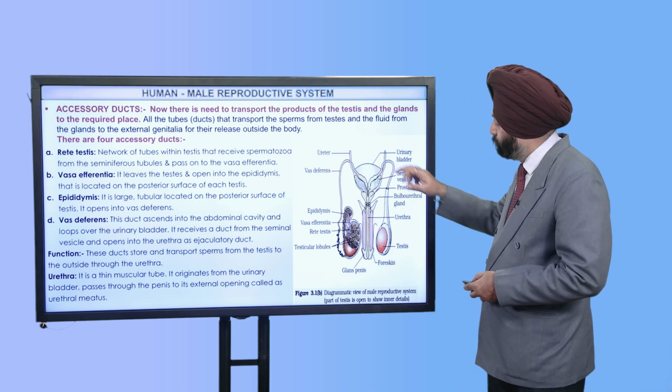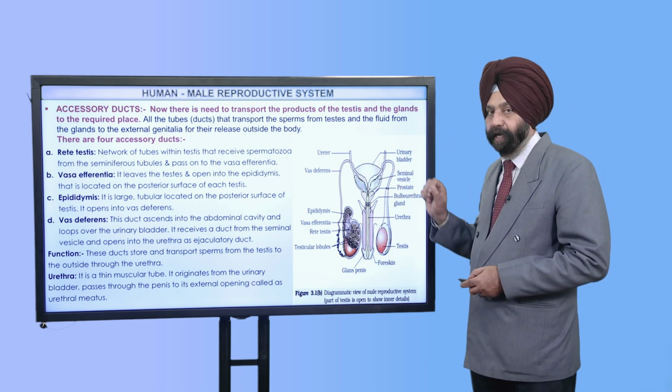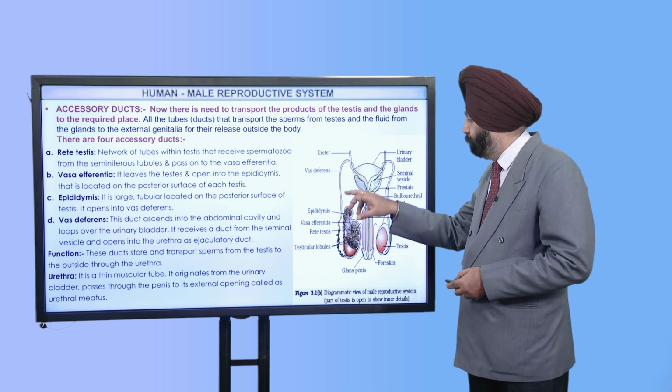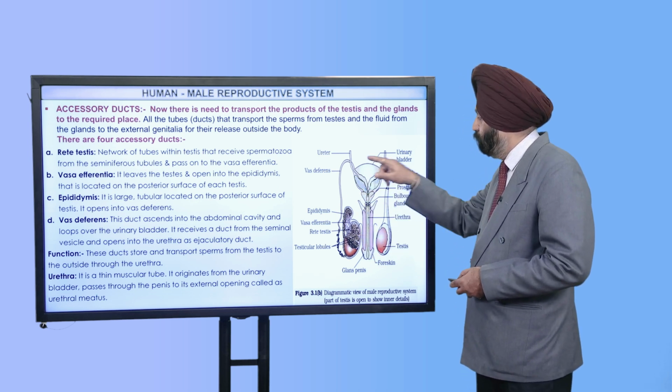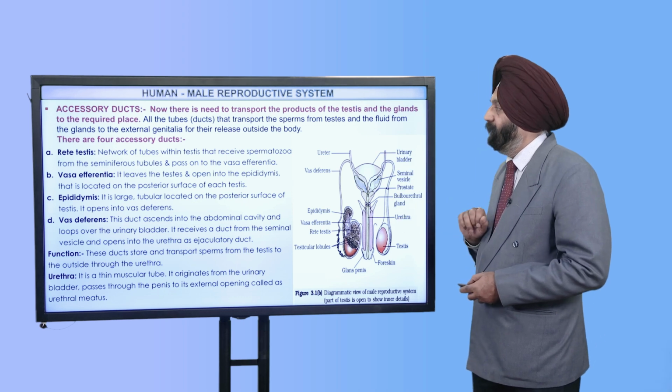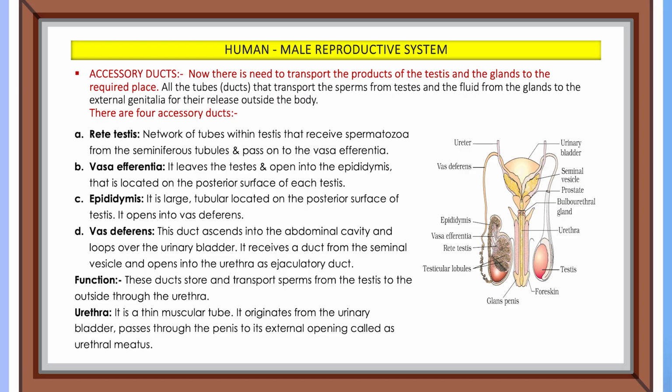All the tubes that are required for the transport of the products of testis and the glands constitute accessory ducts. There are 4 accessory ducts. Rete testis is a network of tubes inside the testis. Its function is to receive spermatozoa from the seminiferous tubule and pass them on to vasa efferentia.